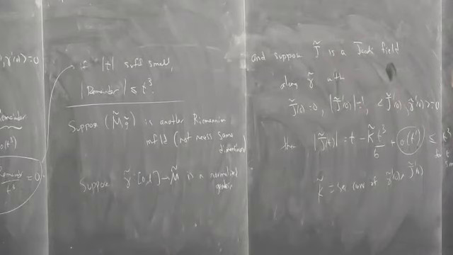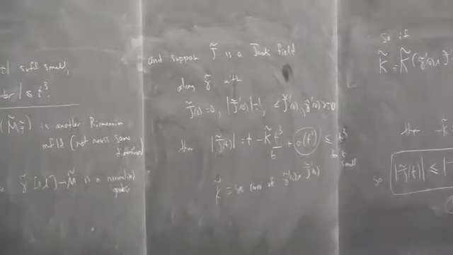Now, it's not clear why this is useful, except hopefully you've been convinced over the last few weeks that Jacobi fields tell you a lot of useful information about the geometry.